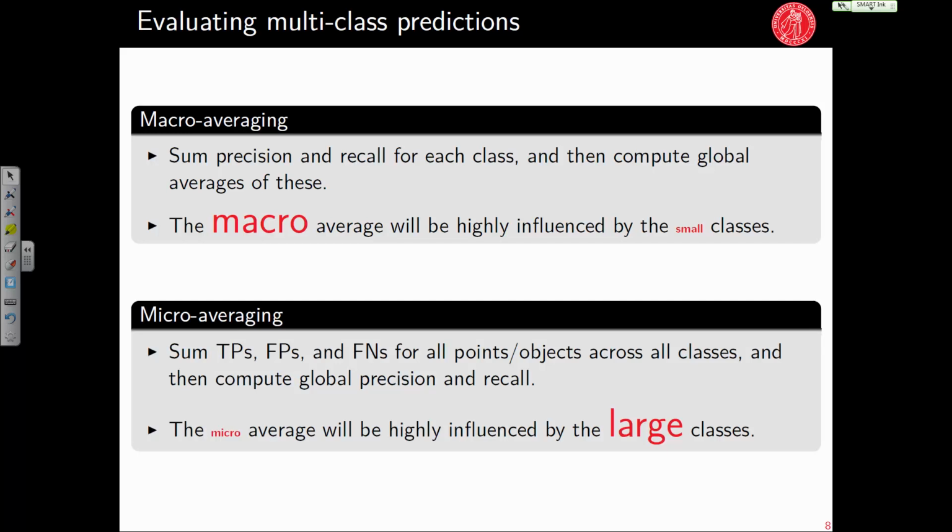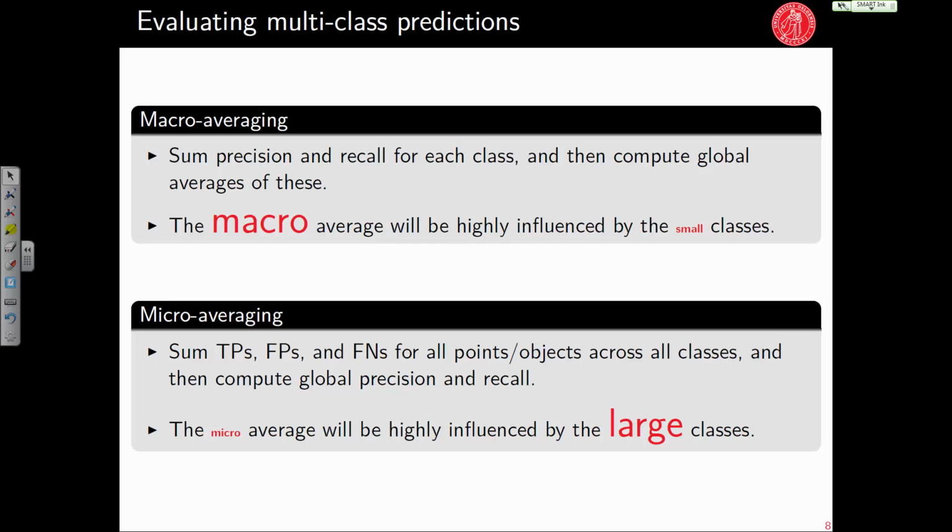Micro-averaging, on the other hand, is basically finding the true positives, false positives, and false negatives across all the classes, and then computing one global precision and recall. So you see the difference between the two measures.